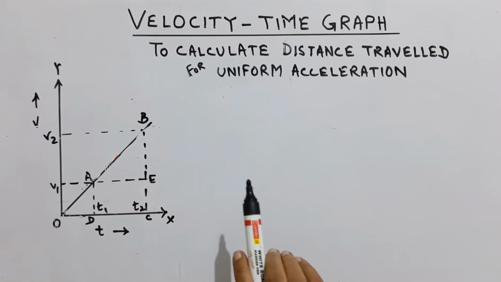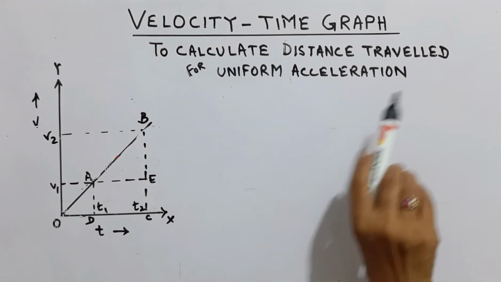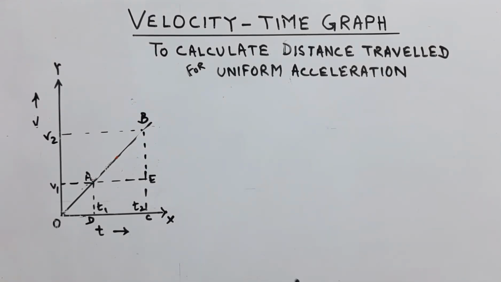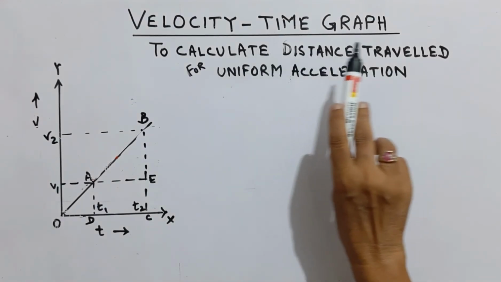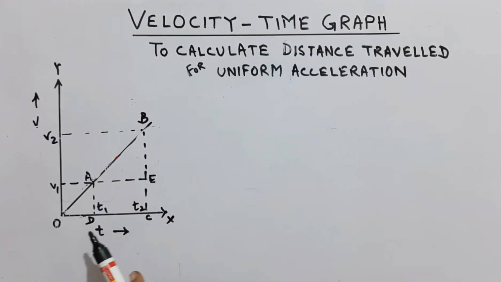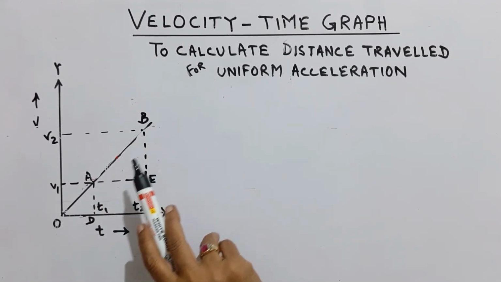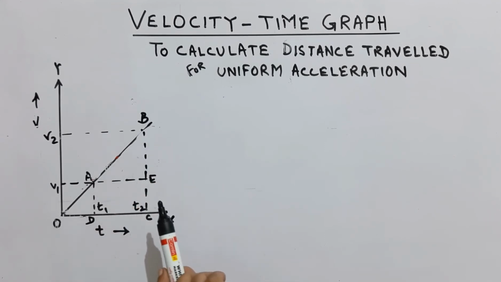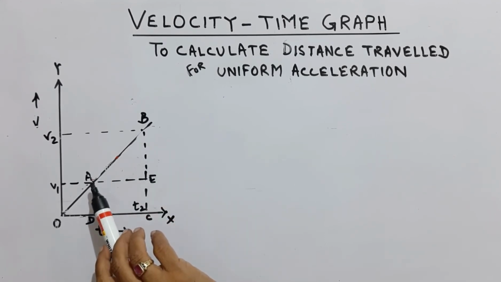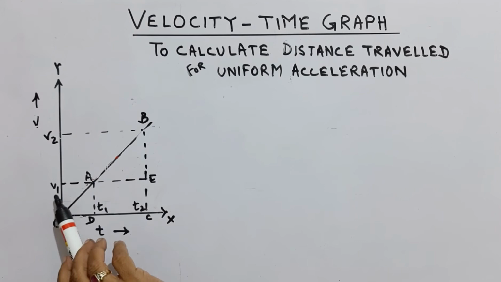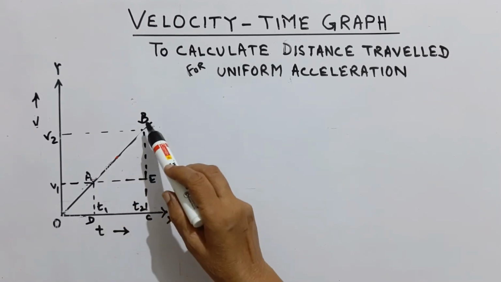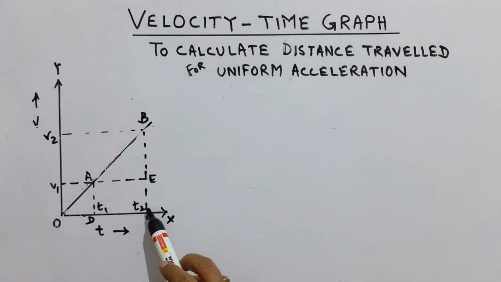Now let us see how we can calculate distance travelled for uniform acceleration from a velocity time graph. We consider a velocity time graph OAB, where point A represents time t1 and velocity v1, while point B represents time t2 and velocity v2.